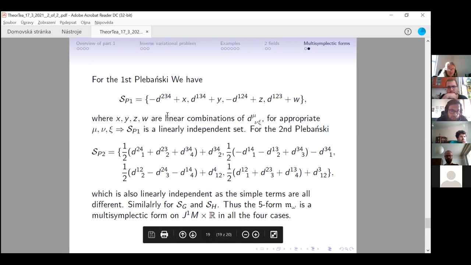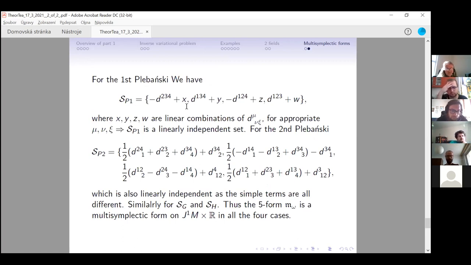So for example, for the first Plebanski, the set looks like this. And so this is the construction of the effective form representing the equation of Plebanski, the first one. These x, y, z, w are quite arbitrary because we cannot get, I mean, they are of a different type than this D2, 3, 4.